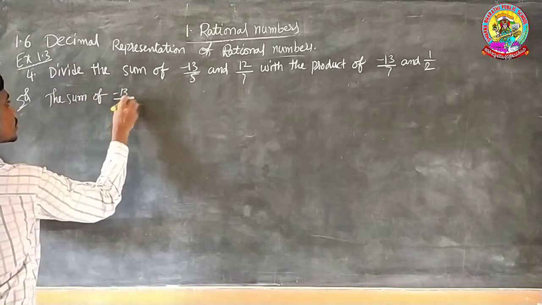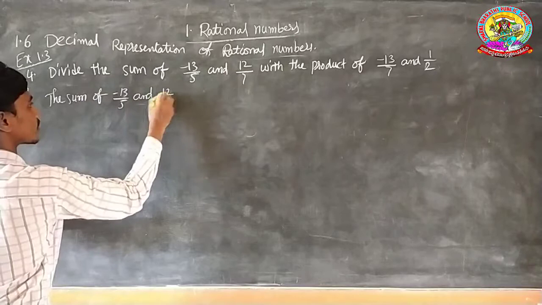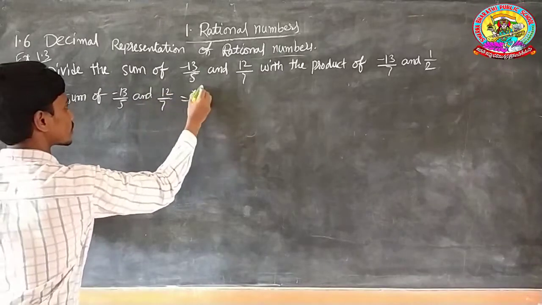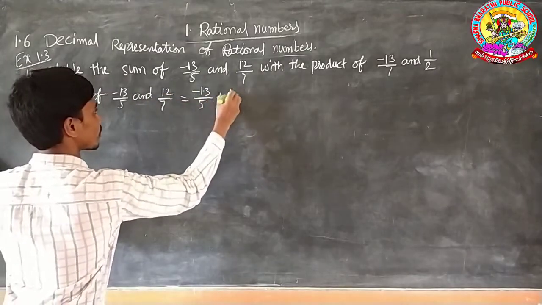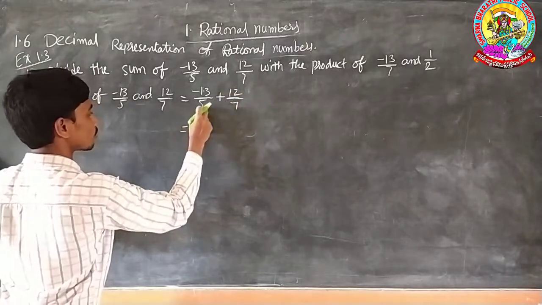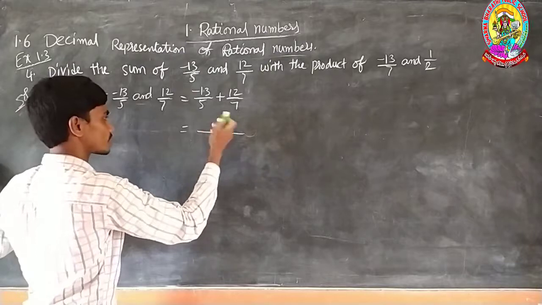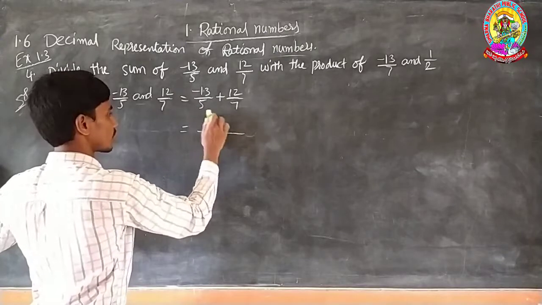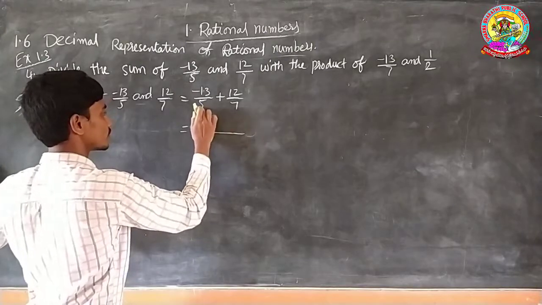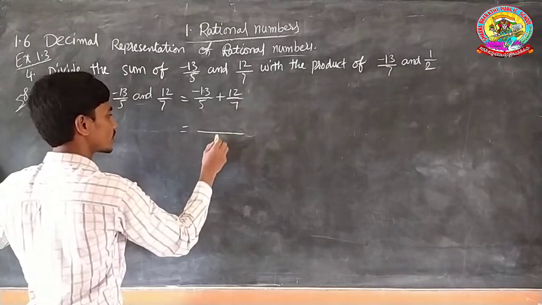So the solution: the sum of minus 13 by 5 and 12 by 7 is equal to minus 13 by 5 plus 12 by 7. Here both are unlike fractions, so convert them into like fractions by finding the LCM of 5 and 7. The LCM of 5 and 7 is 35.